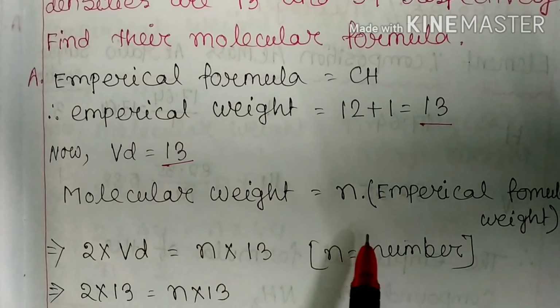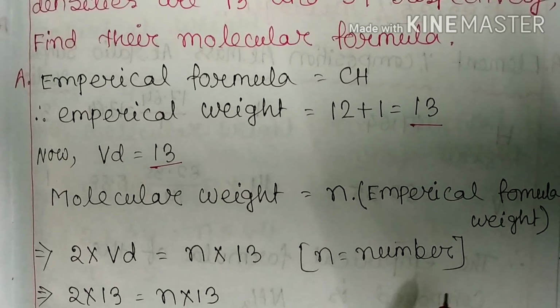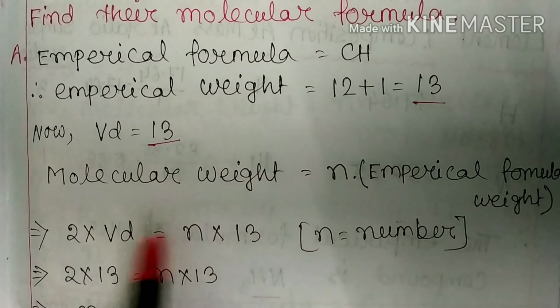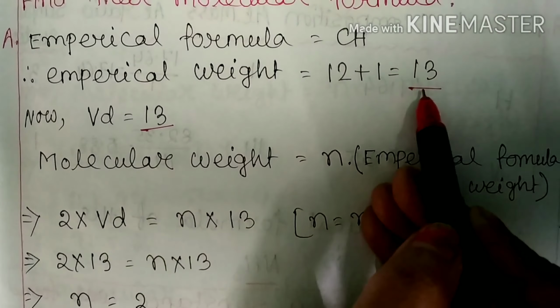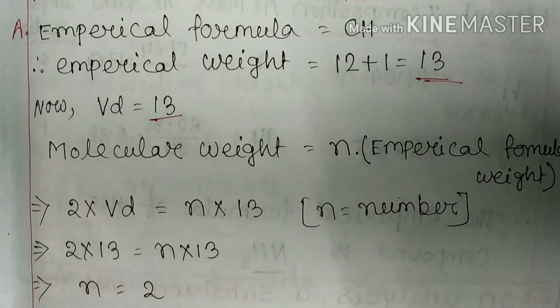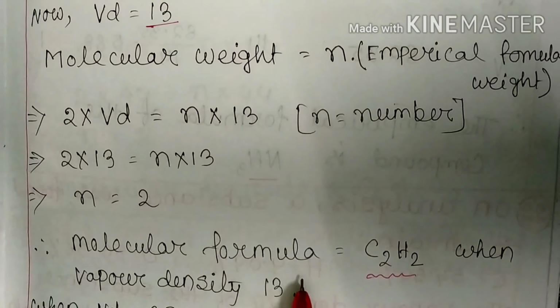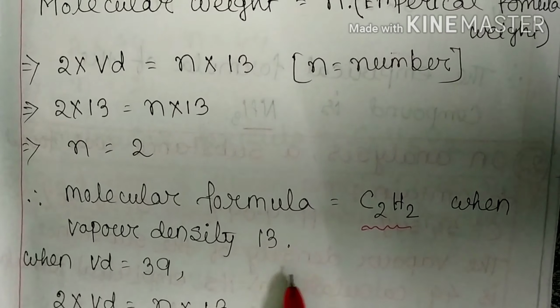Molecular weight equals to n into empirical formula weight. n equals to number. And molecular weight equals to 2 into vapor density equals to n into empirical formula weight 13. So n into 13. Now n equals to 2. Therefore molecular formula C2H2 when vapor density is 13.